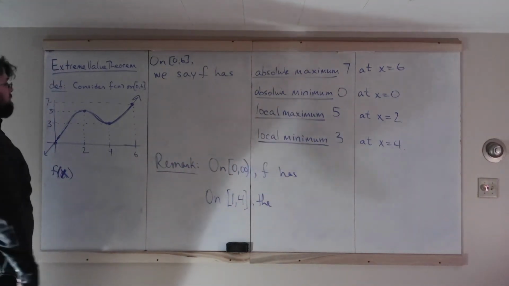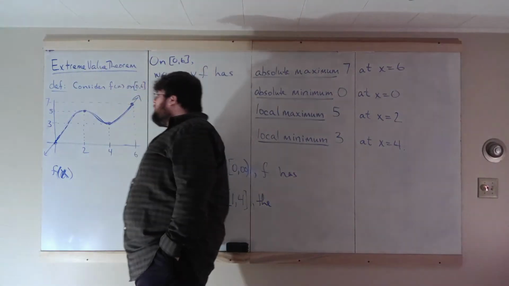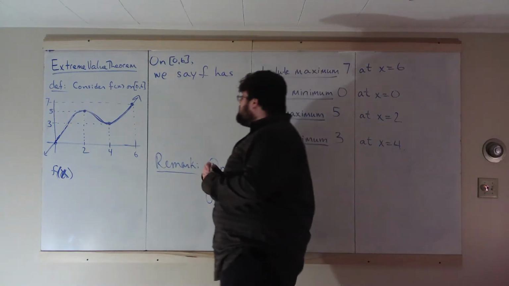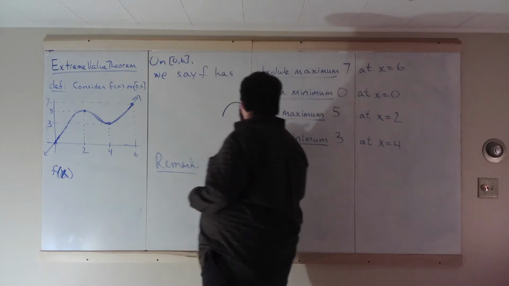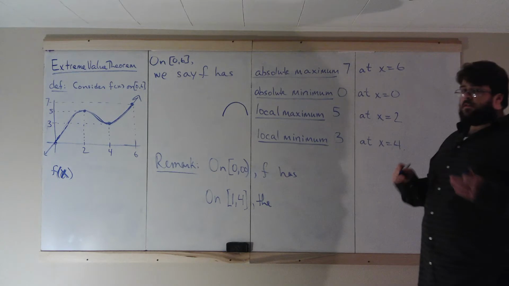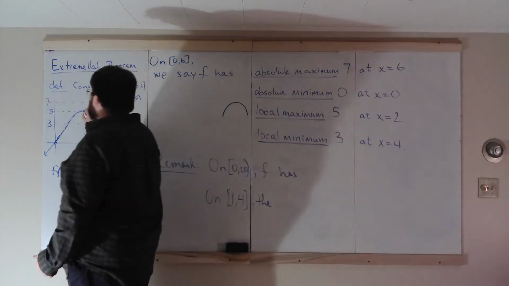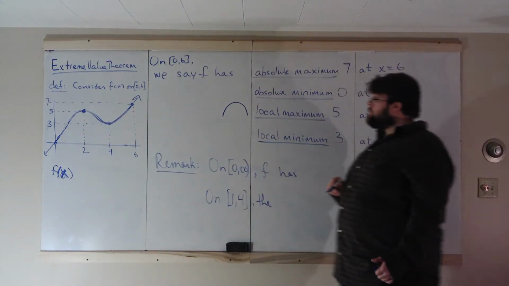We say f has local maximum. Now what's a local maximum? Well, with this graph, we're going to interpret it as the top of a mound like that. That'll be what's known as a local maximum. And in this case, that occurs right here at 5 when x equals 2.